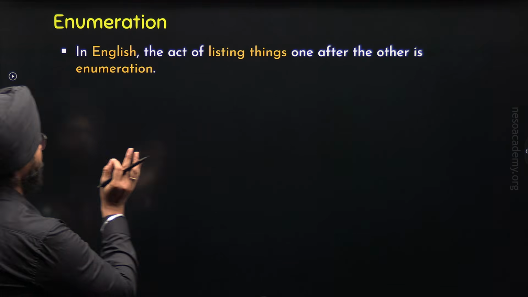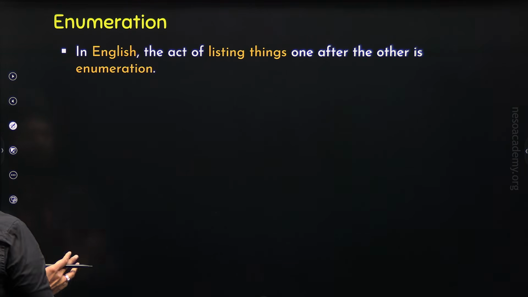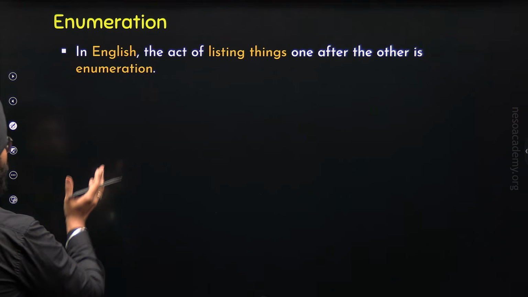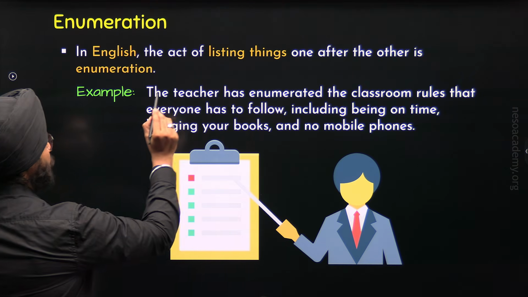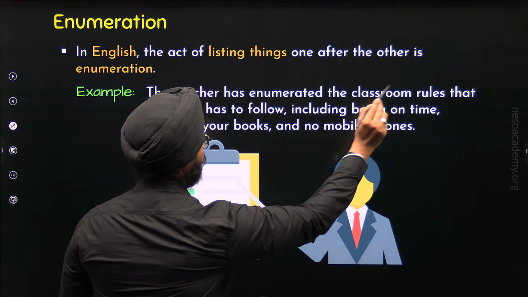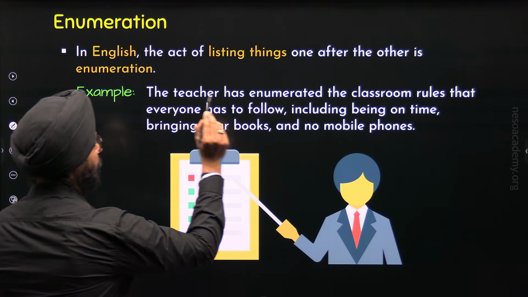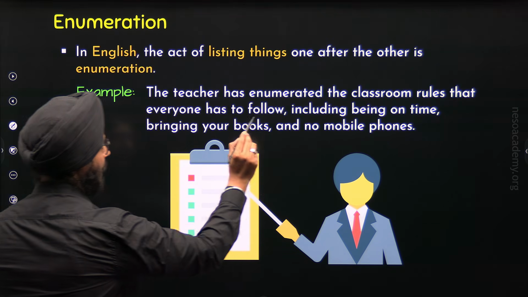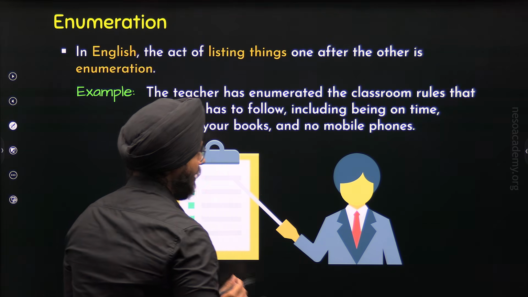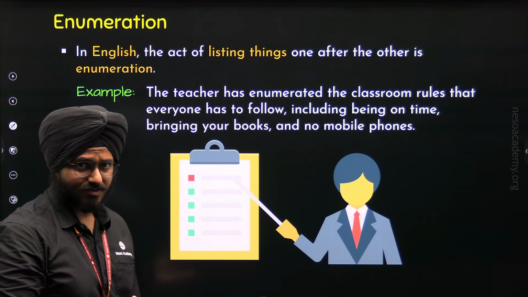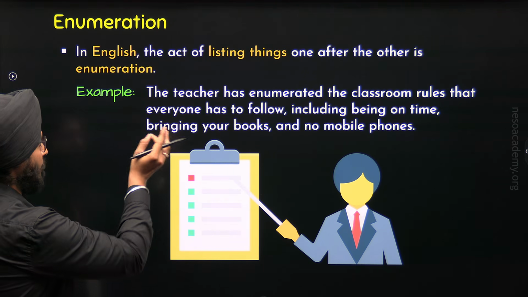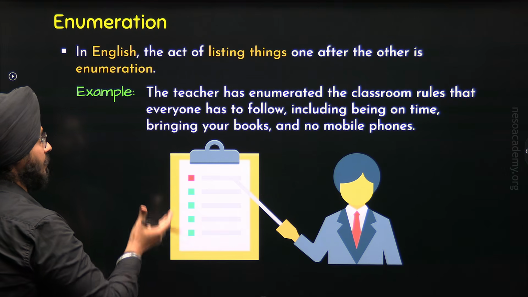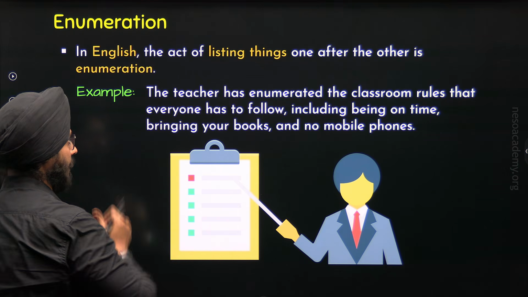Now here is an example sentence which will help you understand the meaning of enumeration more properly. The teacher has enumerated the classroom rules that everyone has to follow, including being on time, bringing your books, and no mobile phones. With the help of this sentence, you will understand the meaning of enumeration more properly.